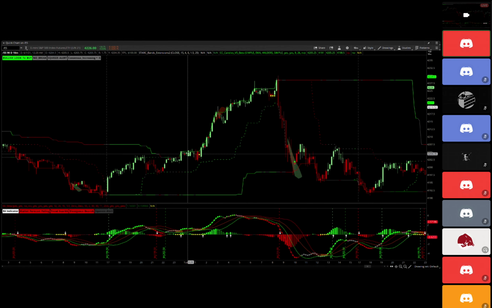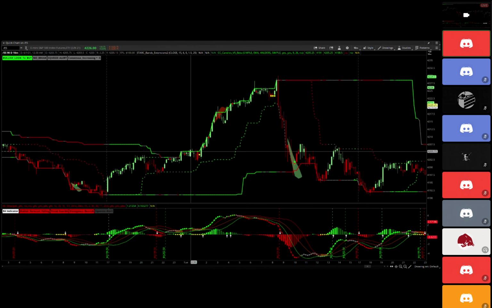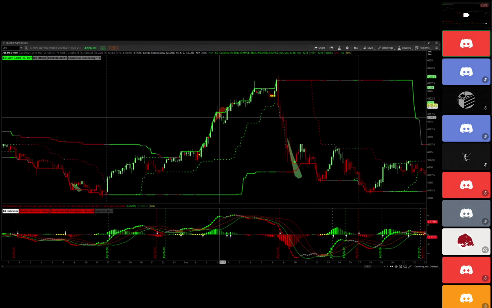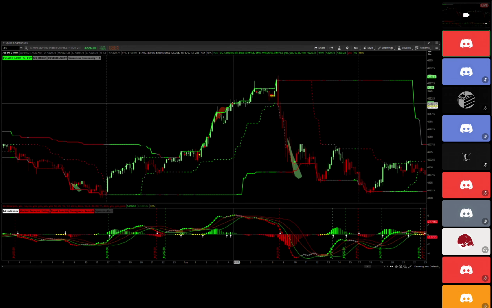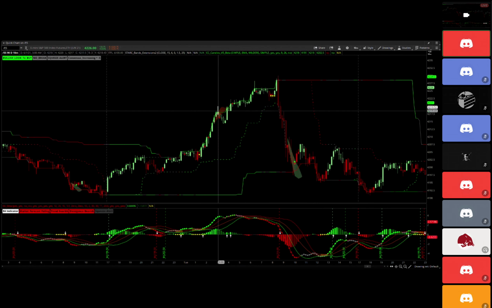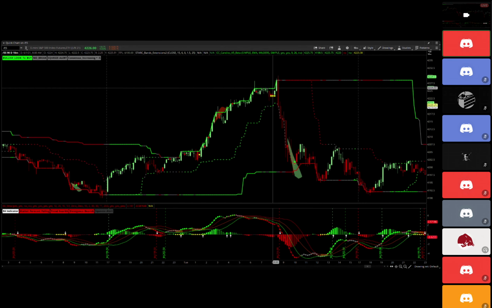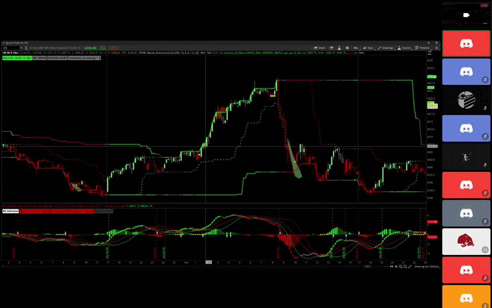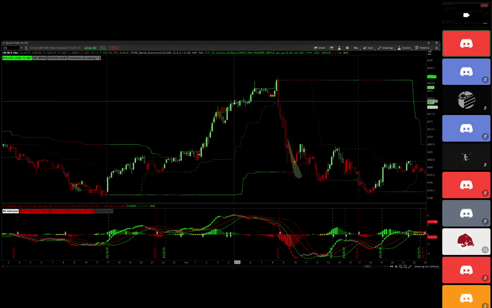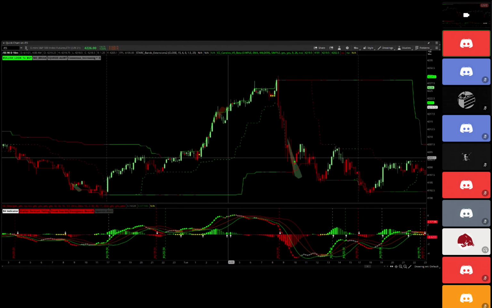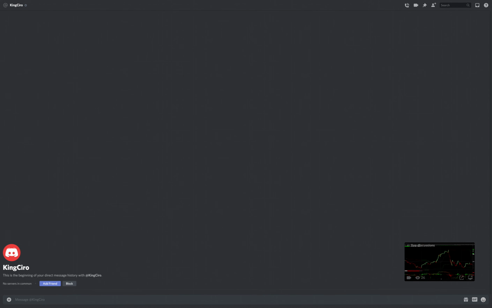So for those of you who scale into and out of positions, these are opportunities to scale out of the position before it turns against you. All the while, you can continue riding it up, and that way, if it does turn down on you, you've scaled out of it mostly. You've taken your profits off the table, and if it goes down, it goes down. If it goes up, it goes up. It's a matter of scaling.